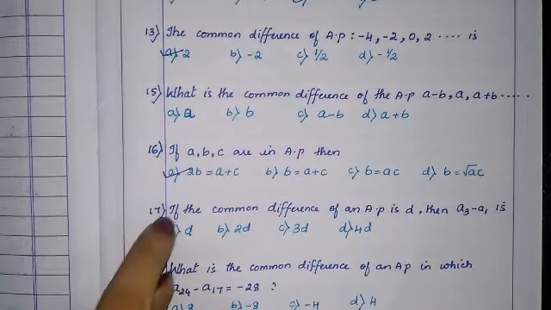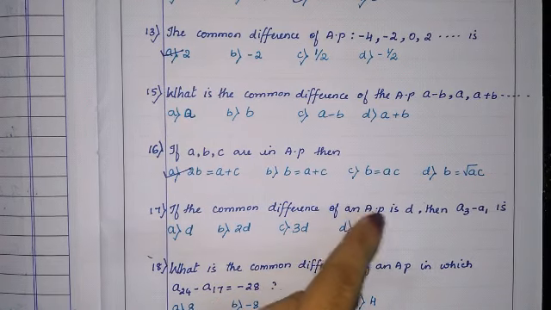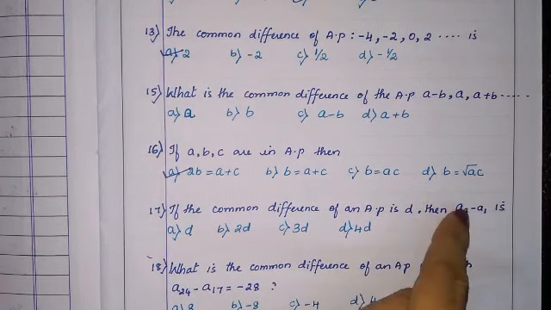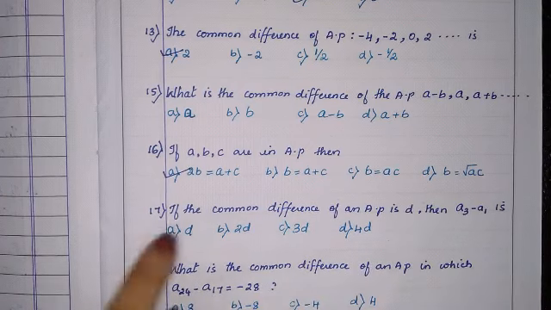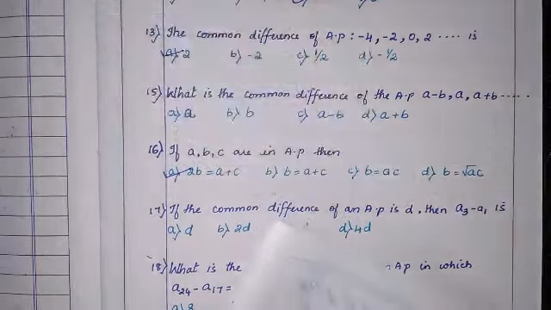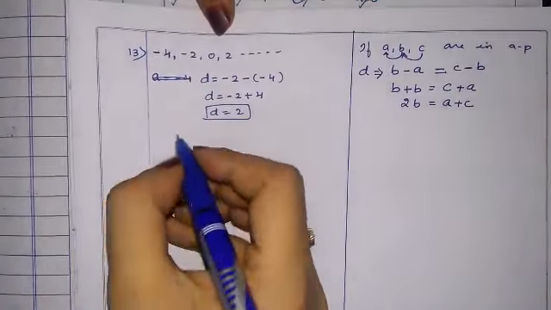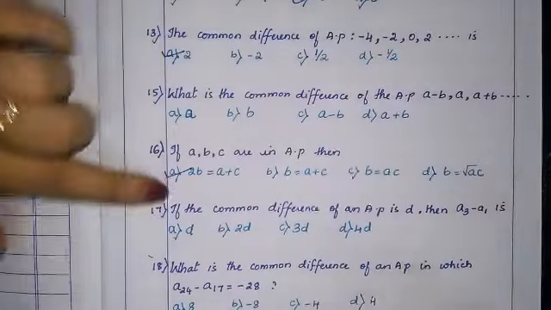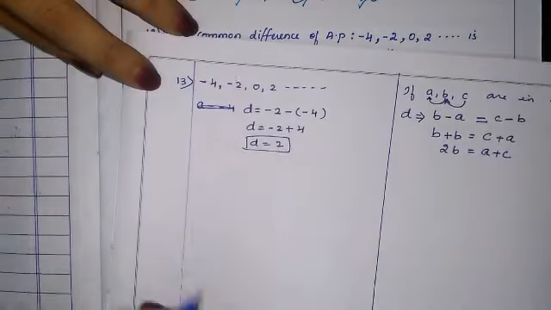Now the next question. If the common difference is D, then A3 minus A1 is. Okay, what is A3 minus A1 out of this answer? Question number 17.